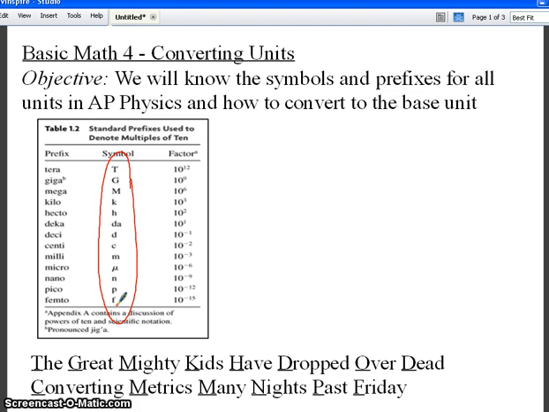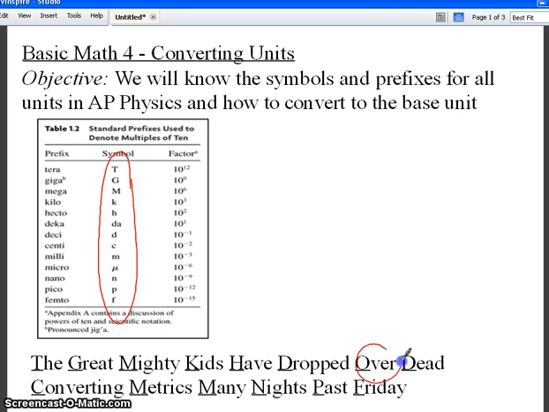And so a good little saying that I like to help you remember all of these is: the great mighty kids have dropped over dead converting metrics many nights past Friday. So I'm going to say that again. The great mighty kids have dropped over dead converting metrics many nights past Friday. So T, tera, giga, mega, kilo, hecto, deca.